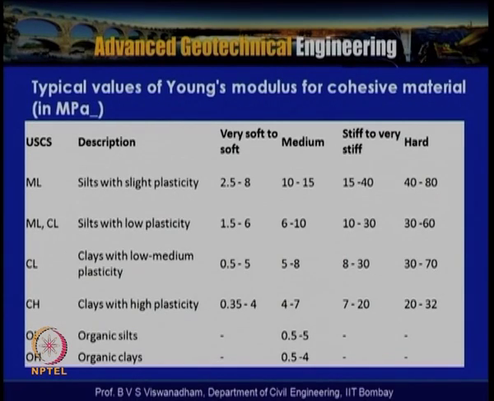And the CH, the clay with high plasticity, can have very low Young's modulus values in very soft state, and the Poisson's ratios for this type of soils under saturated conditions definitely can range from 0.45 to 0.5. The CH clays in the very soft state have 0.35 to 4 megapascals, to in the hard state as high as 20 to 32 megapascals.